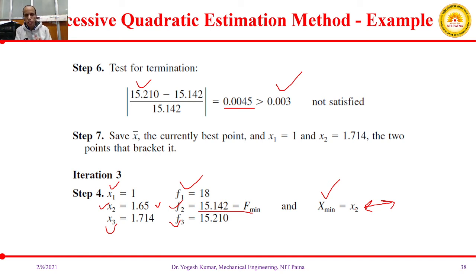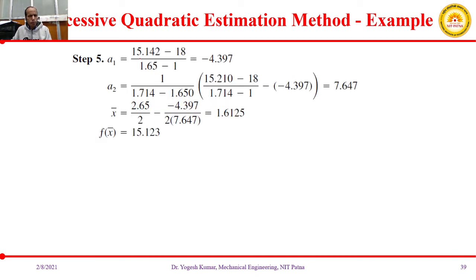Again we have 3 points x1, x2 and x3. Out of these 3 points, we are again supposed to calculate x bar using the quadratic approximation method.